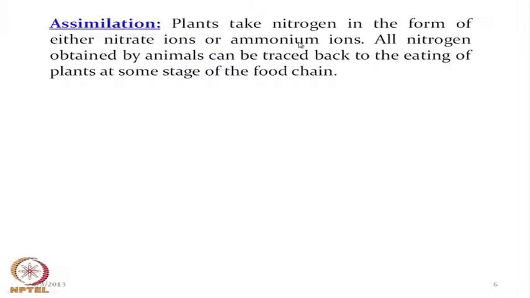So, protein type molecules, the vegetable proteins, the organic protein molecules from the plant system, basically come from these nitrates and ammonium ions which come from the nitrogen molecules. So, the nitrogen obtained by animals can be traced back to the eating of plants at some stage of the food chain. So, along with the nitrogen cycle, the food chain is also coming.